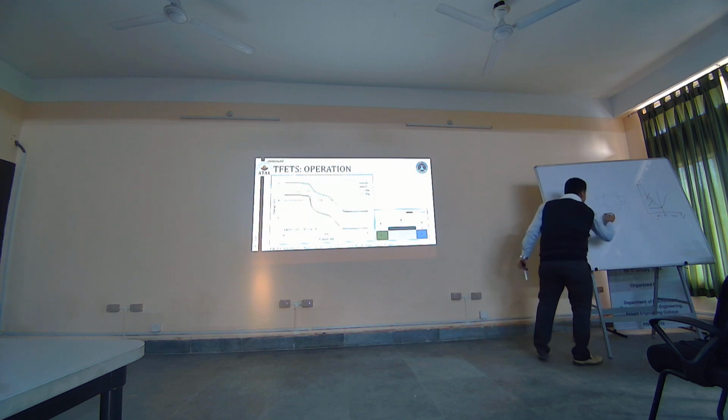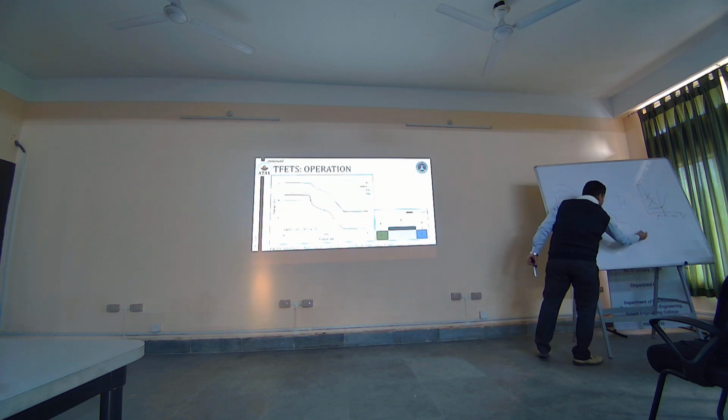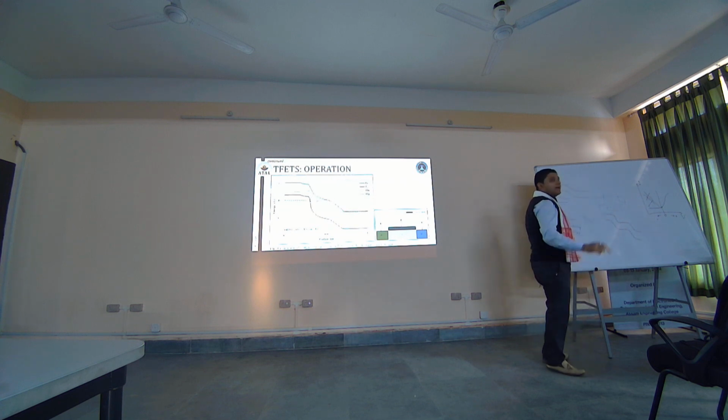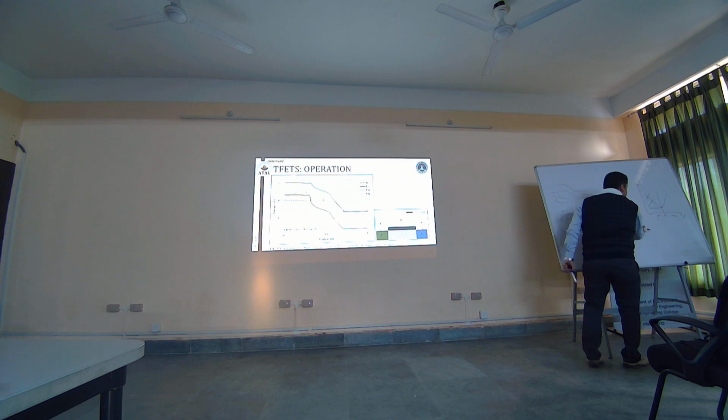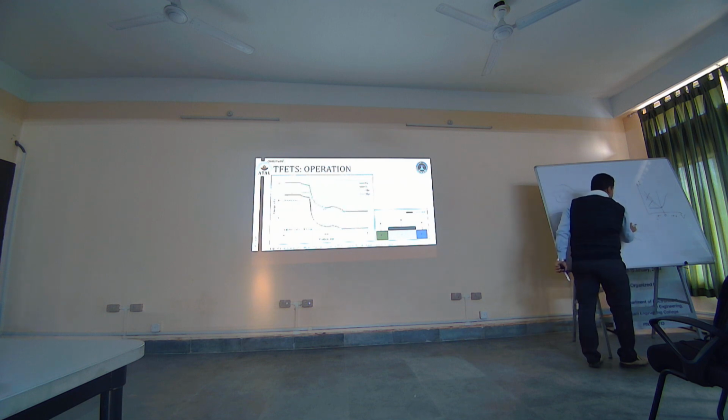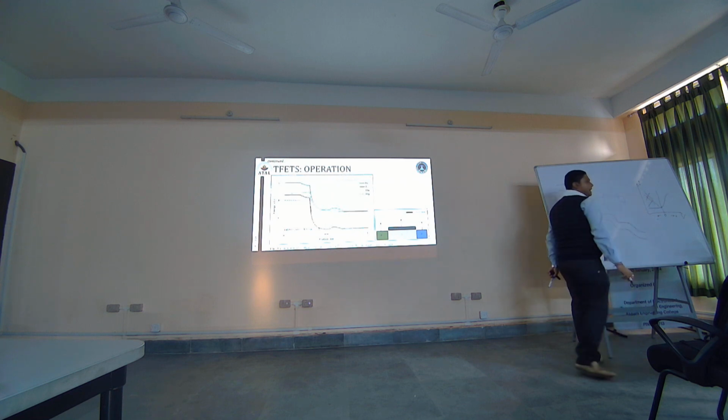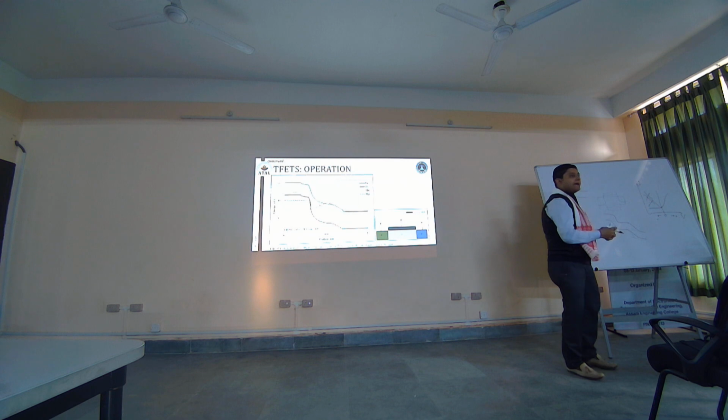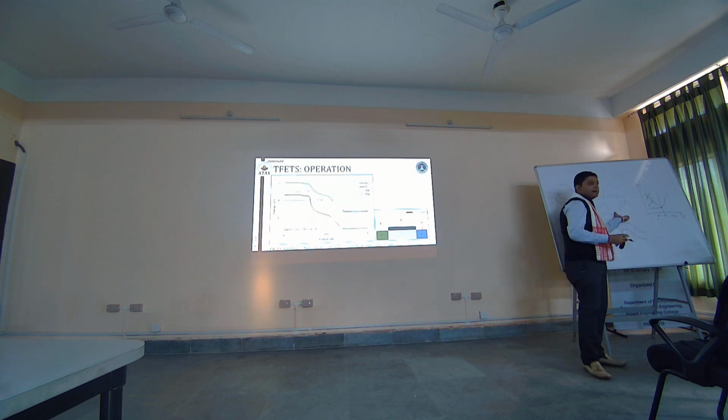So if this is your scenario, once you change the doping concentration in the drain, this is going to spread out like this. Okay, and then even if you apply an appreciable amount of negative bias, the overlap of these bands will be less. So your tunneling barrier creation will be poor in this kind of device.